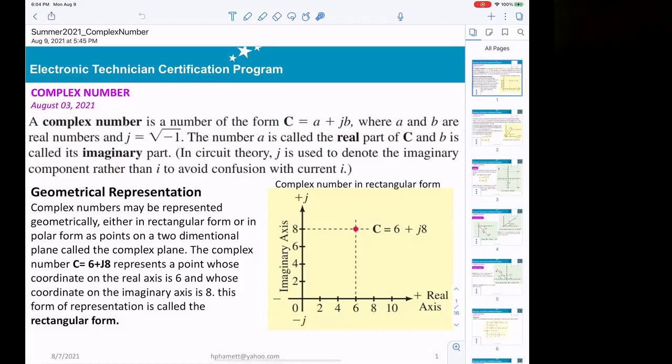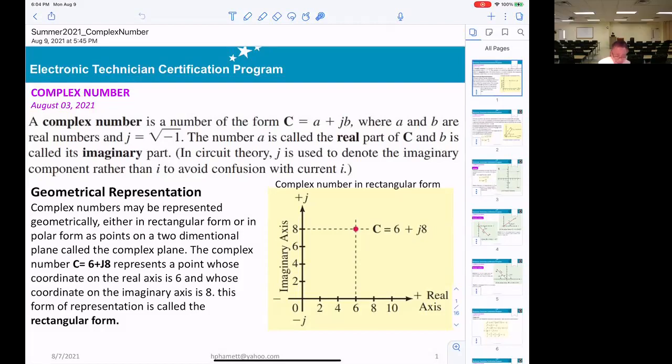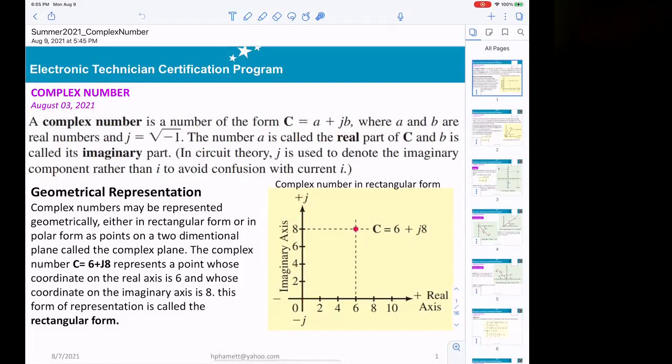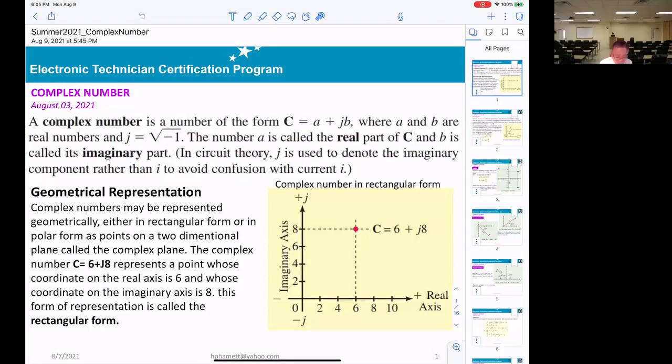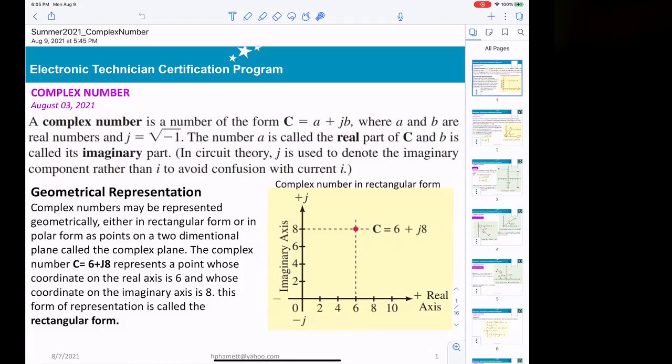It was kind of confusing because at the very top it called A and B real numbers, then it changed. B is called the imaginary part. That's the imaginary part. So only A is real, right? A will be real, and B is imaginary. All right, thank you. That's all I want.